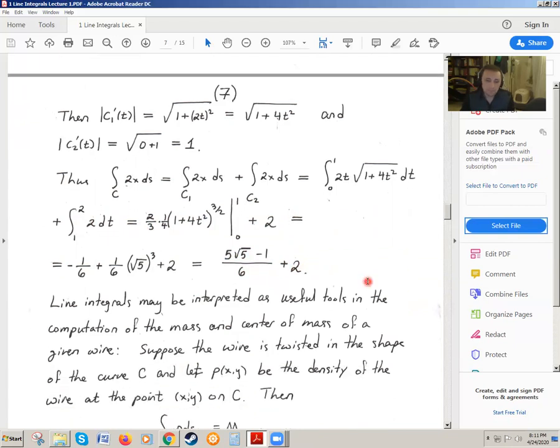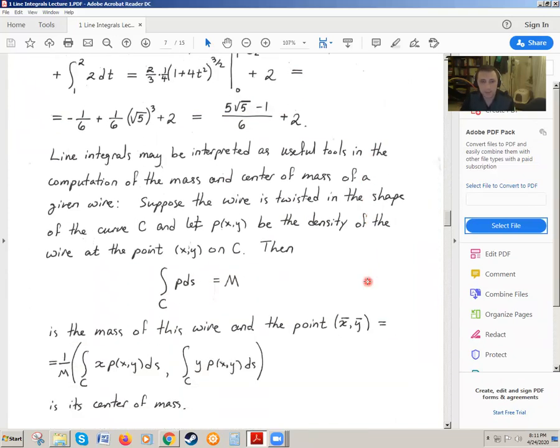So, if you study a little physics, you might wonder what a line integral is good for. You might even think it's not really good for anything. But we might interpret it as follows.